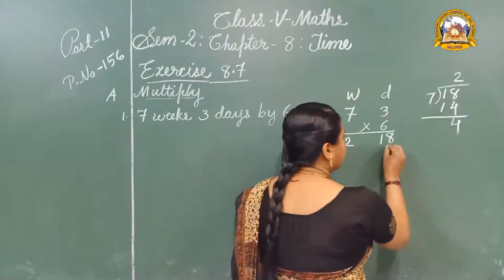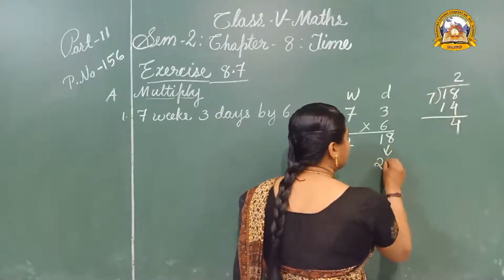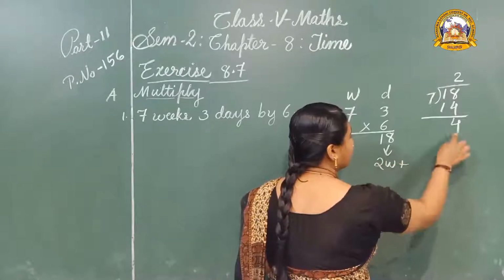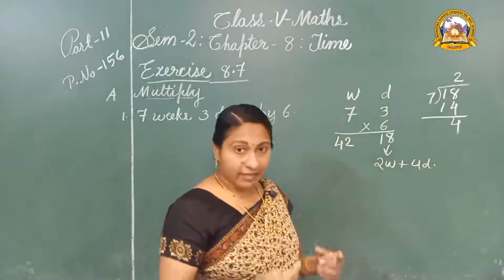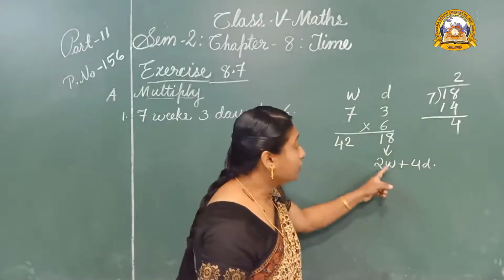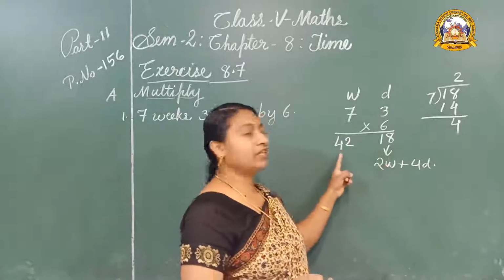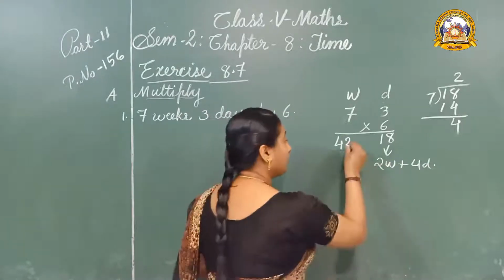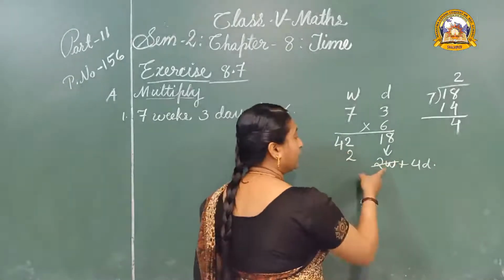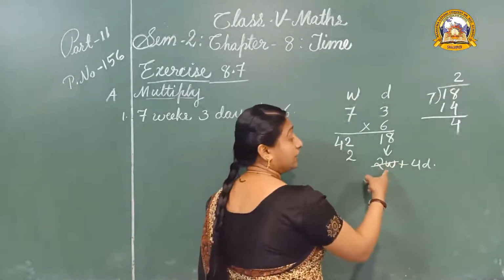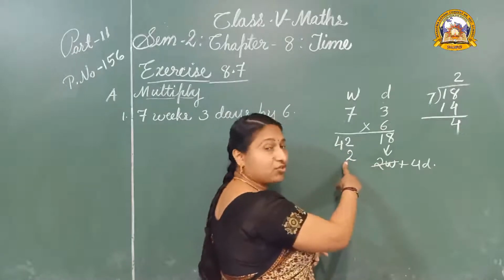So we can write here, let us split it, 2 weeks plus 4 days. Next step, we have to carry this 2 weeks to the weeks column. So let us write here and cut from here.